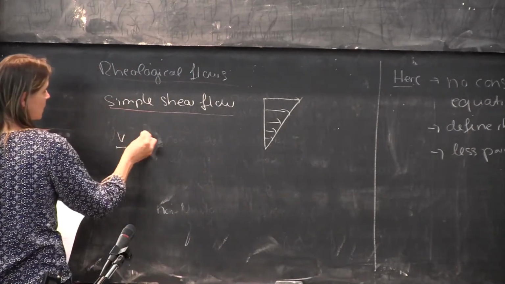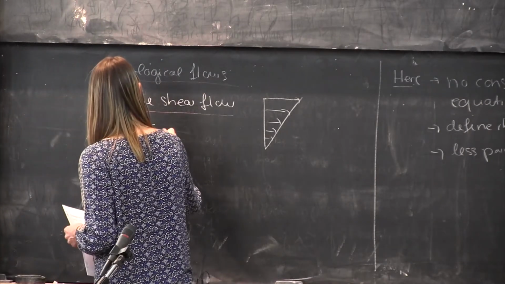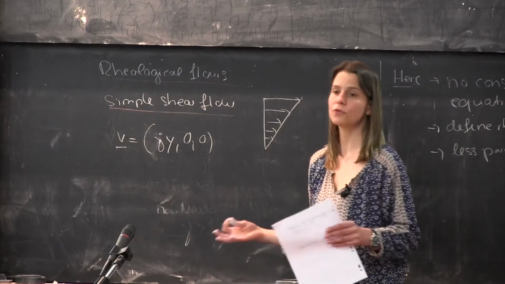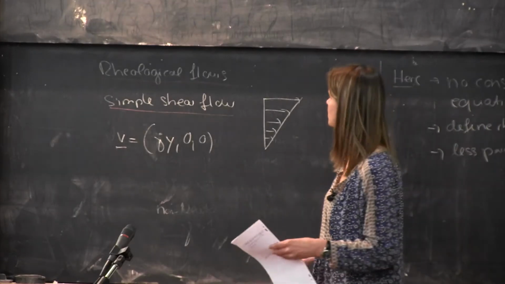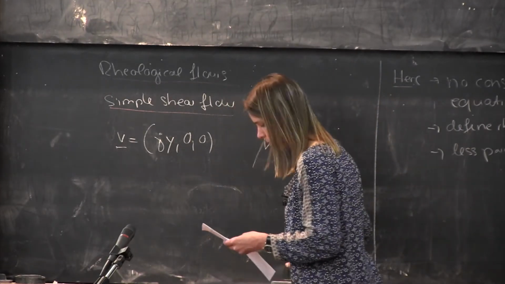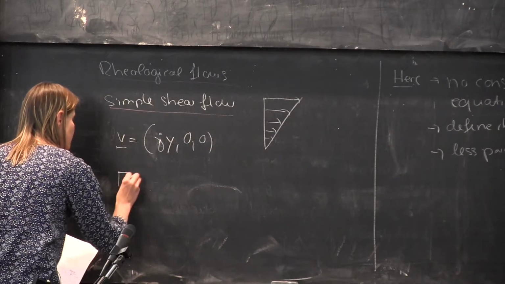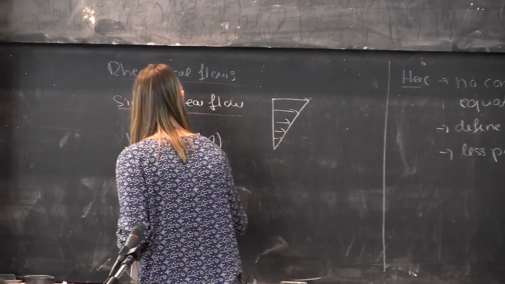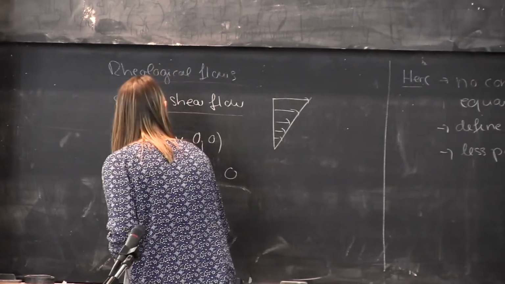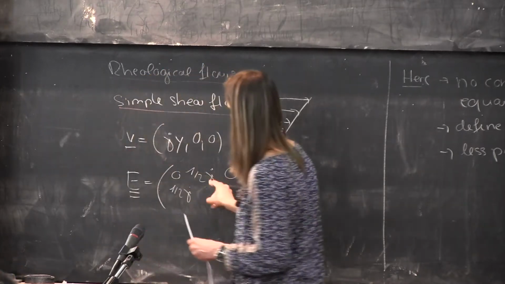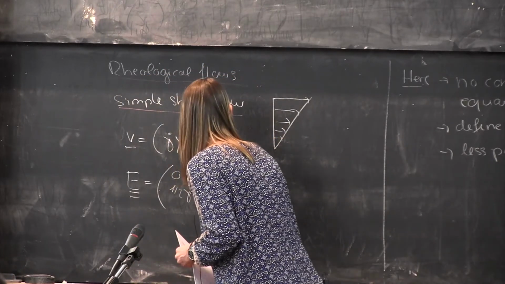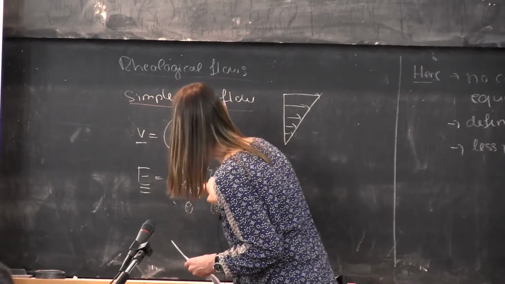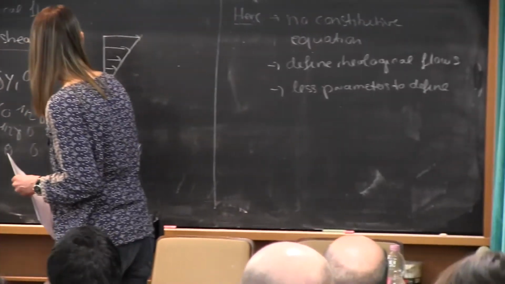The velocity in this case can be written as the shear rate, gamma dot y, 0, 0. And in this case, of course, writing the tensor E or the stress tensor is really very simple. They look like this. It's not the diagonal elements, it's these two shear components.